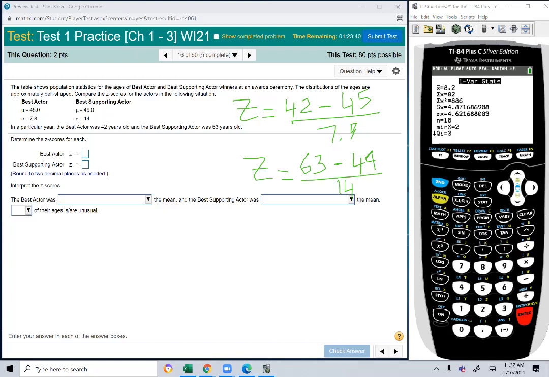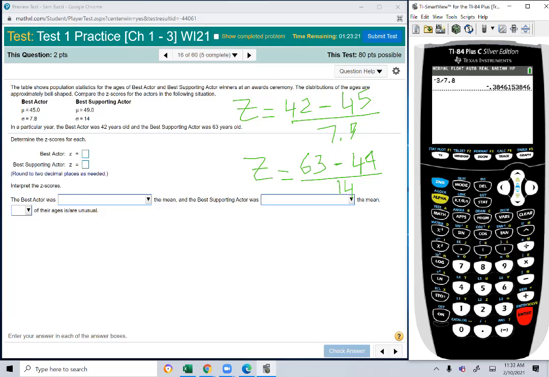Okay, guys, let's see what the answers are. 42 minus 45 is -3 divided by 7.8. So I got -0.38.